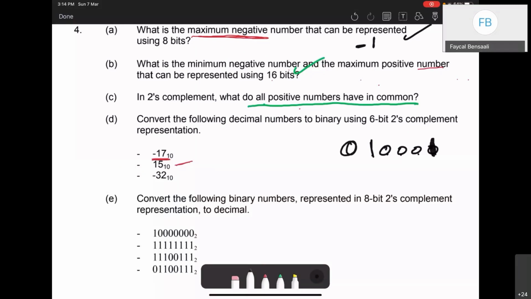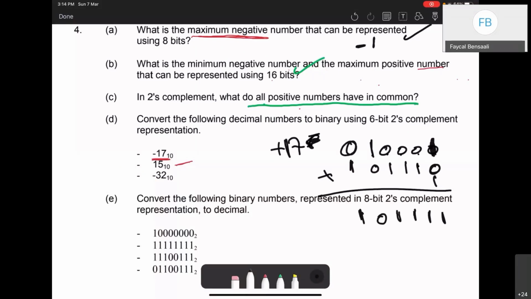So I need to add a 0 here. So this is plus 17. Oh, sorry. I don't know why I put 5 here. Now I just need to do the 2's complement. So we do the first complement first here, and then we do plus 1, which gives me 1, 1, 1, 1, 0, 1. So this is the answer. This is minus 17.